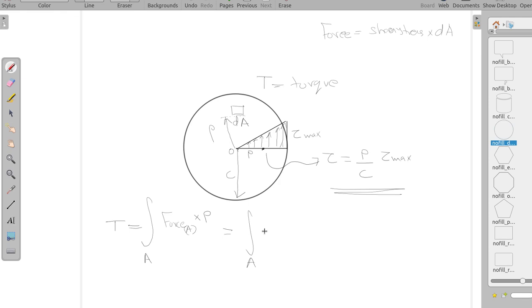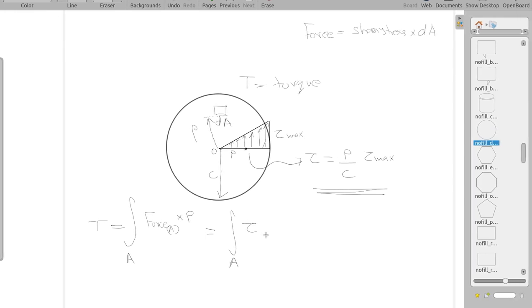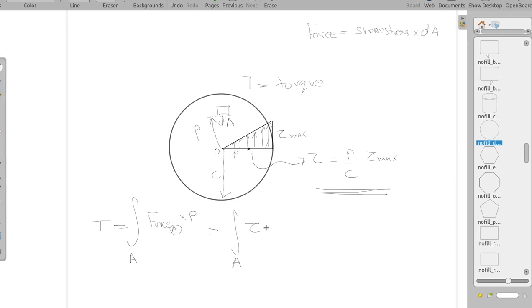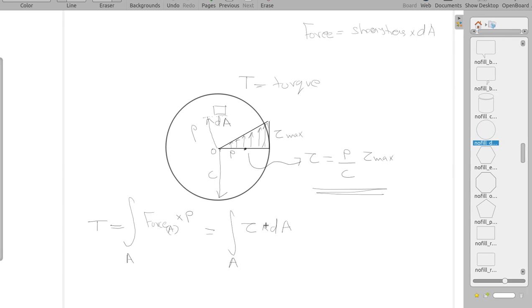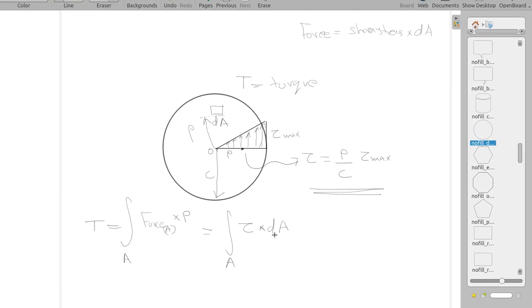So the shear stress tau multiplied by area dA will be the force on that area, and that multiplied by rho, integrated throughout area A.